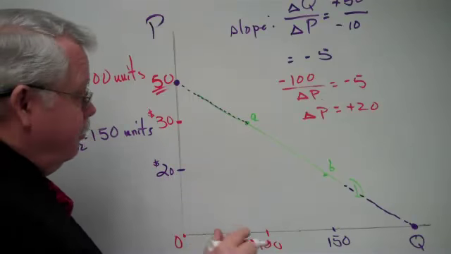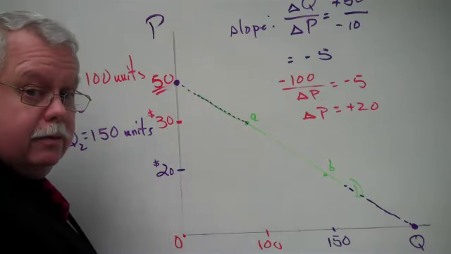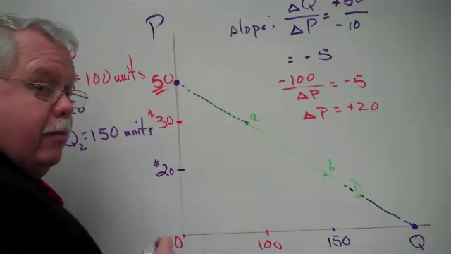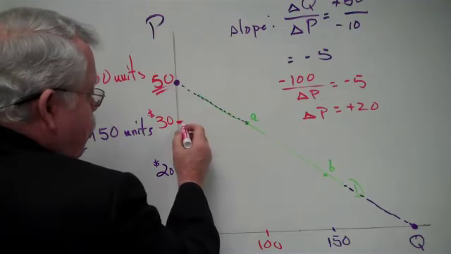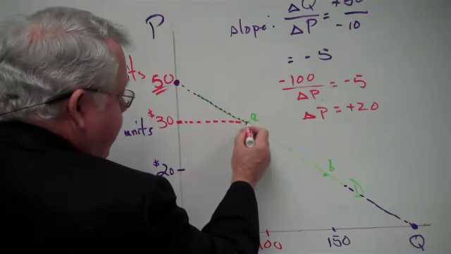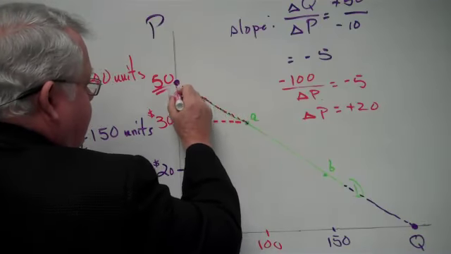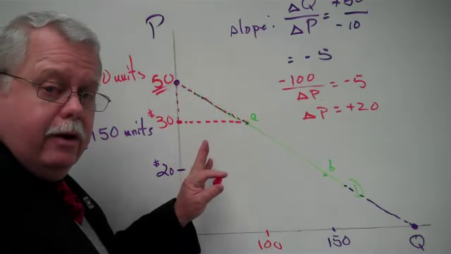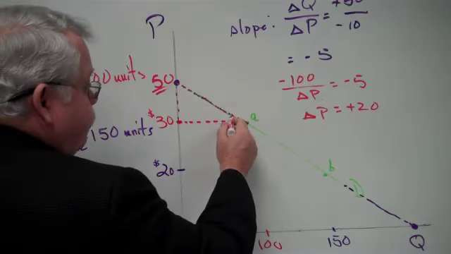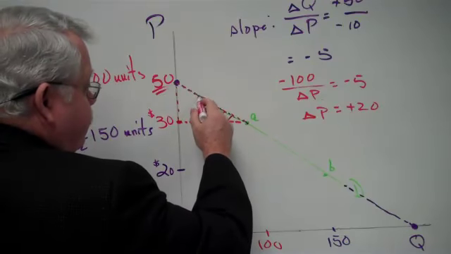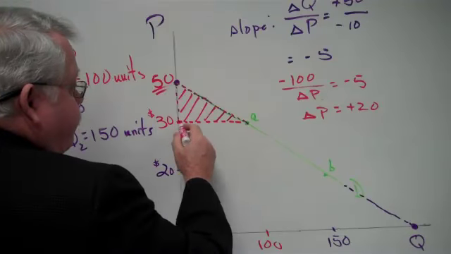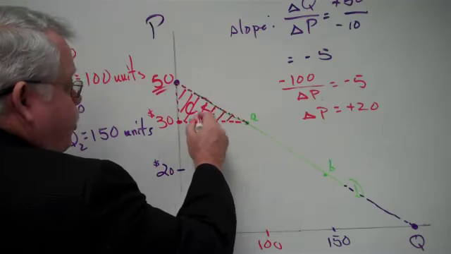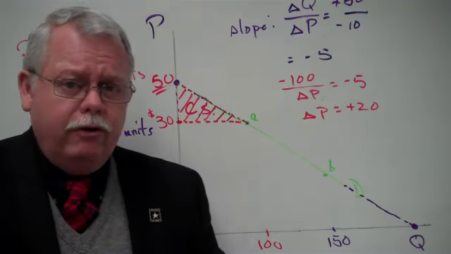Now think about this. If we know the intercept up here, we know the price we're talking about. Do you remember? We can then calculate at that price, what is that? That is the consumer's surplus at a price of $30. Consumer's surplus. You remember that? What is consumer surplus?